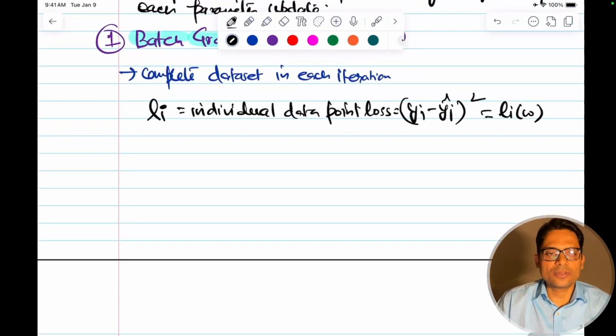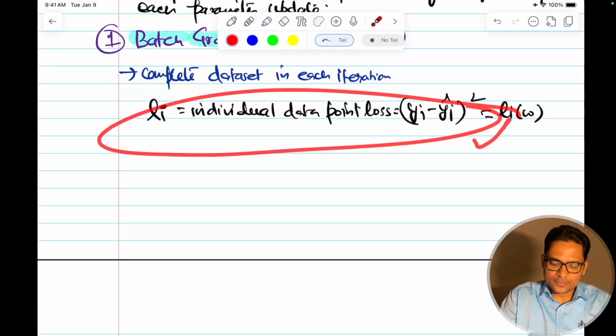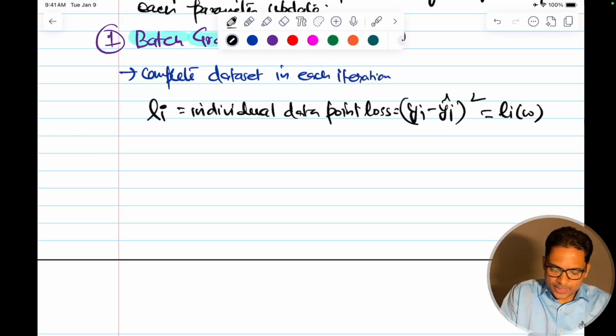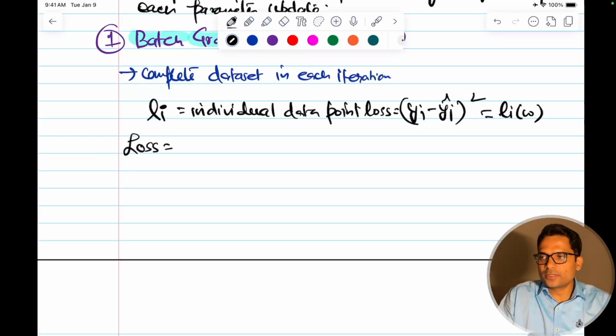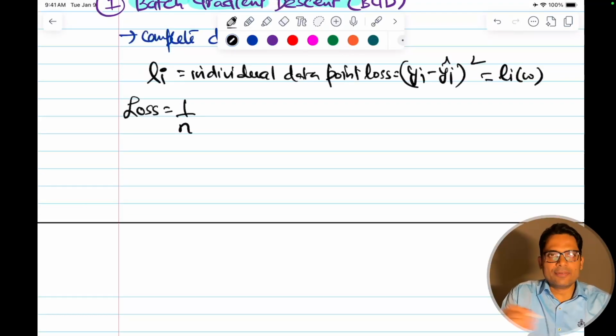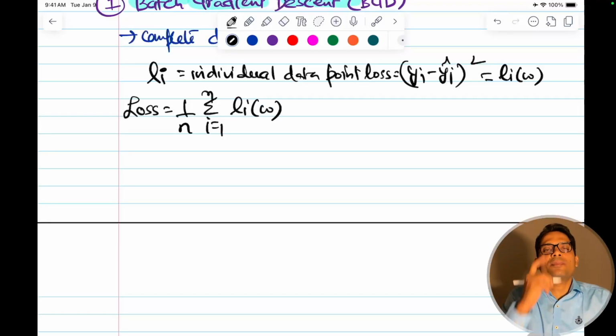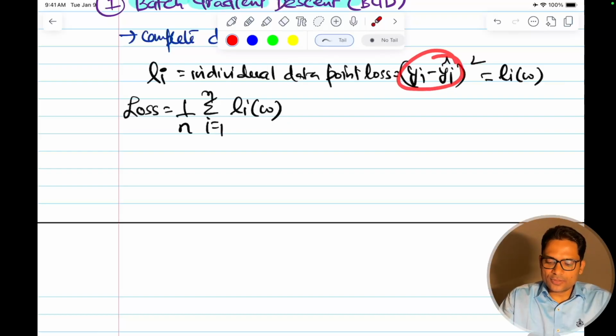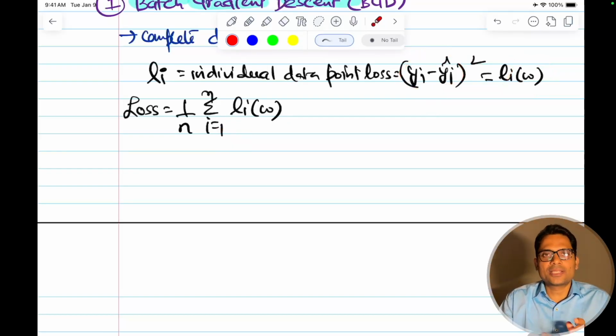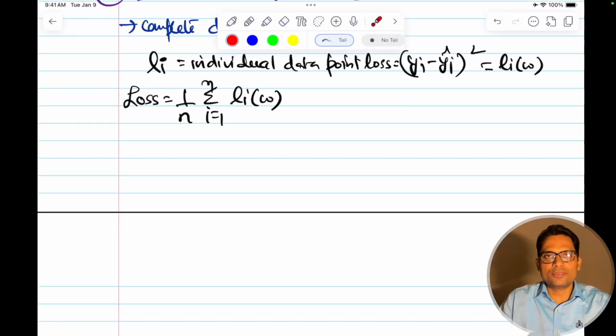This is only for one data point. The complete loss is the average of all these individual data point losses for the complete data set. So I will sum from 1 to n the individual losses. Instead of writing yi minus y hat, I'm writing the loss for the individual data point.